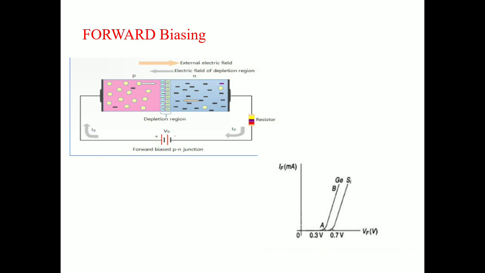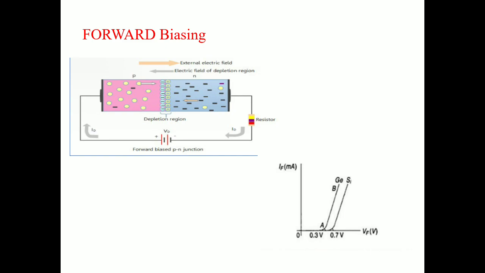So shall we increase the input voltage? Yes, you can increase it. But what is your output current? Already I reached 0.6 volt, and if you increase by 0.01 volt, that is 0.61 volt, my current value rapidly increases. What is the relationship between input voltage and output current?